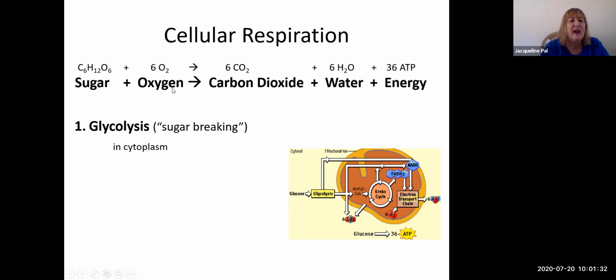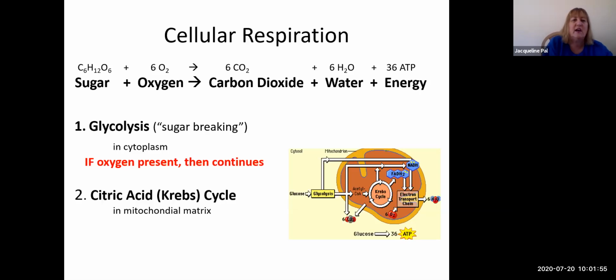Then, if there is oxygen, and only if there is oxygen, these 2 3-carbon molecules at the end of glycolysis will enter the mitochondrion. The first place they go is to the matrix, the fluid stuff inside the mitochondria, for the second step, which is known as the Krebs cycle or the citric acid cycle.